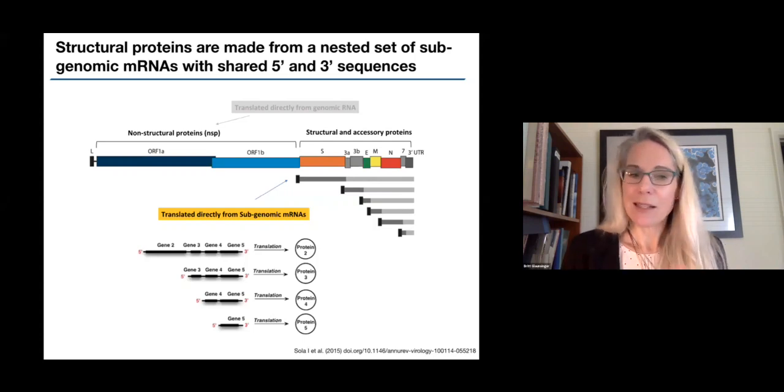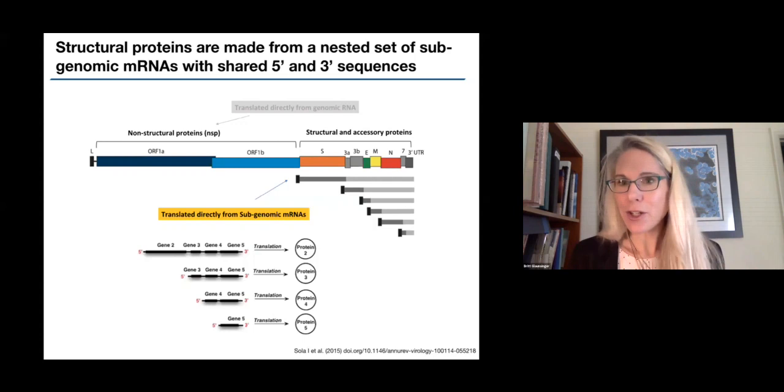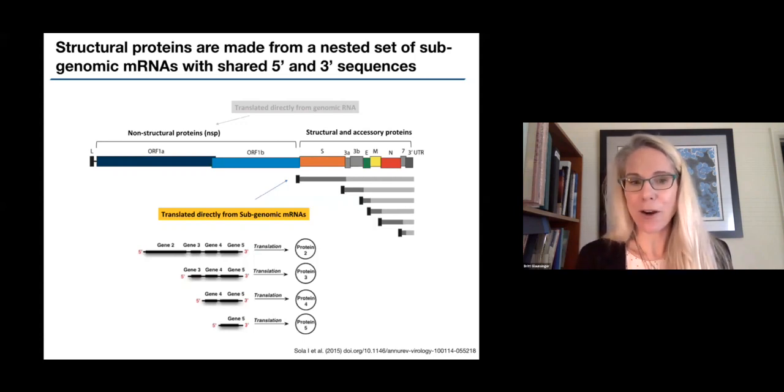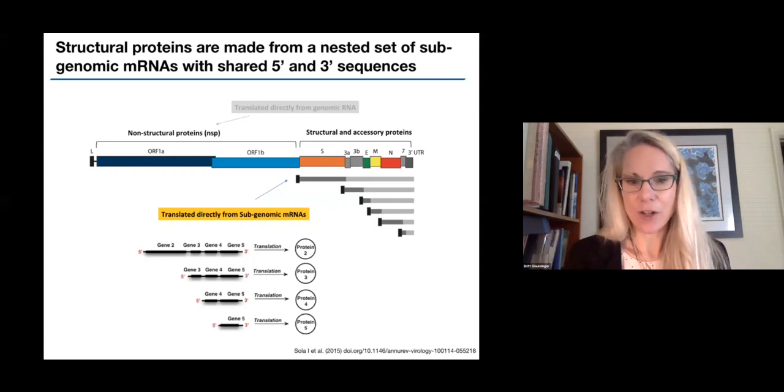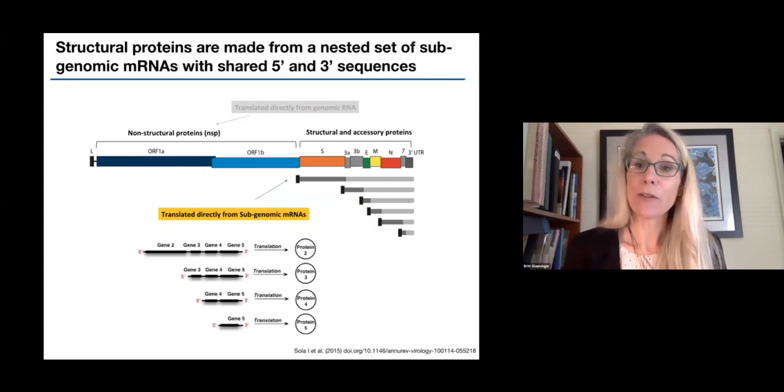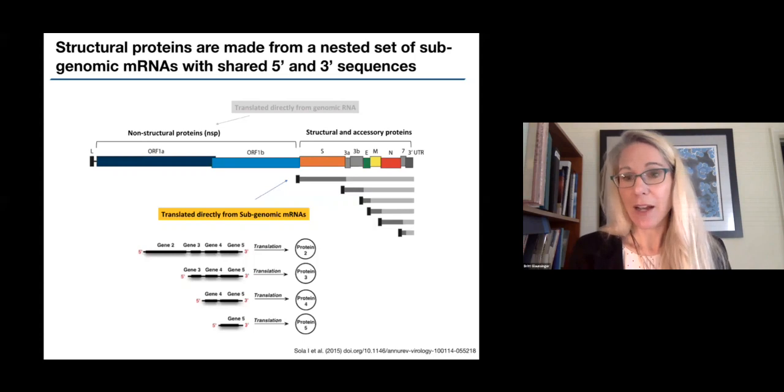So same thing, to produce the next gene down, you have another subgenomic RNA that allows gene 3 to be present at the 5' end, and all subsequent genes are untranslated sequence, etc. And in this way, each of these structural or accessory open reading frames has the chance to be translated into their protein.